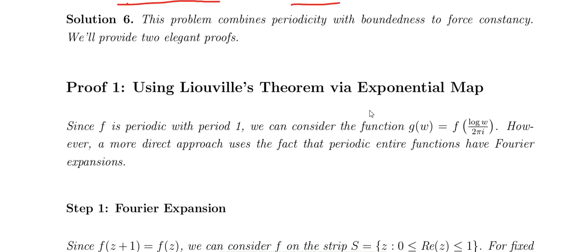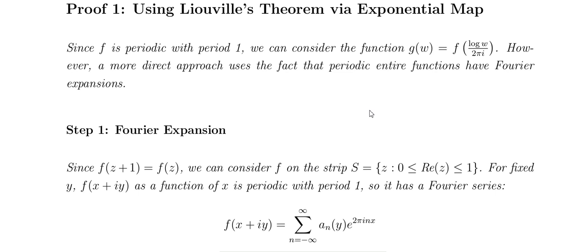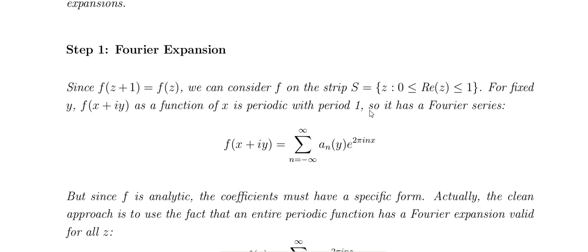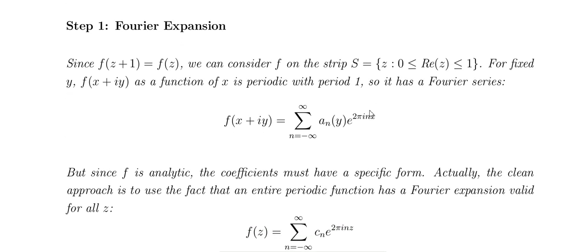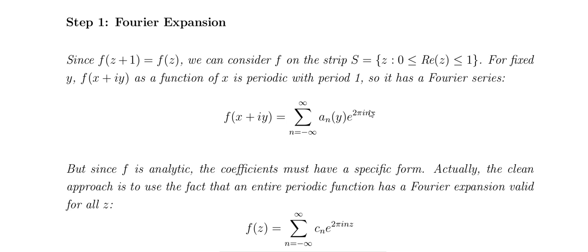So f is periodic with period 1, and consider the function g(w) = f(log w divided by 2πi). It's a periodic function, and also on the strip, the real part of z is less than or equal to 1. So f(x+iy) is periodic in x with period 1.